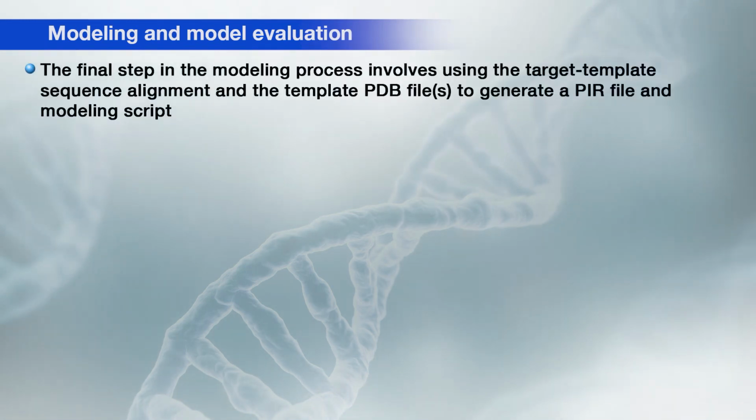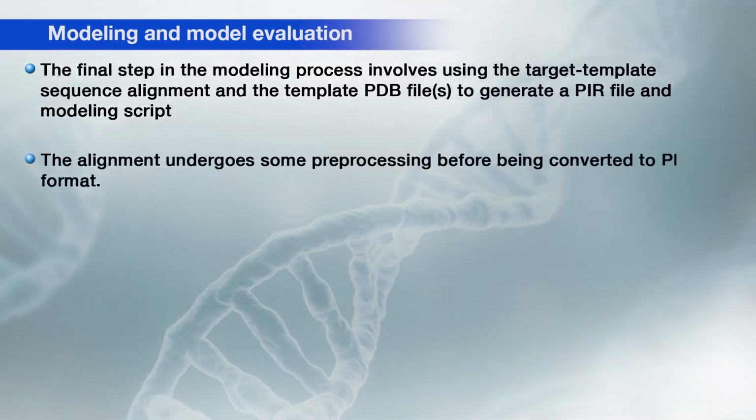Modeling and model evaluation, which is the final step in the modeling process, involves using the target template sequence alignment and the template PDB files to generate the protein information resource file and modeling script. The alignment undergoes some pre-processing before being converted to PIR format.